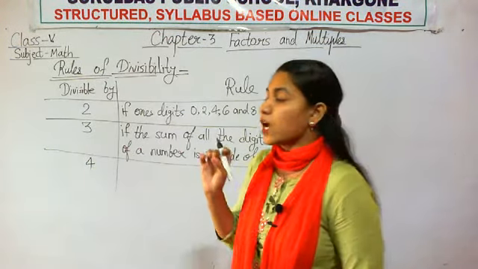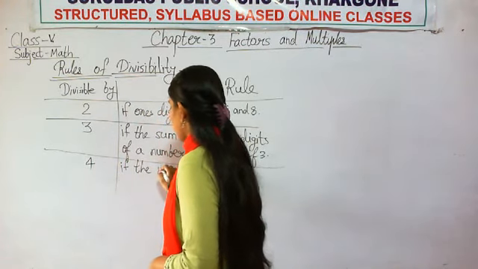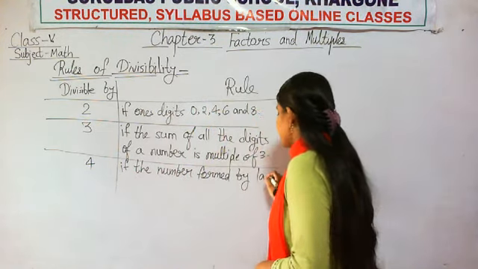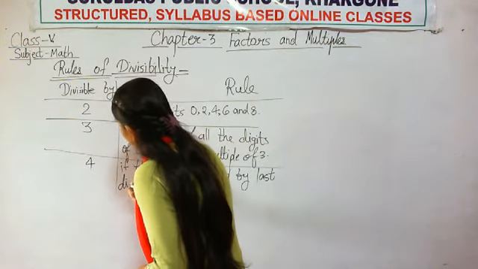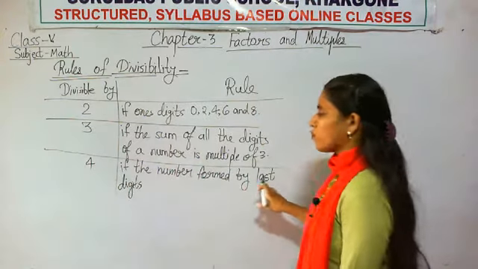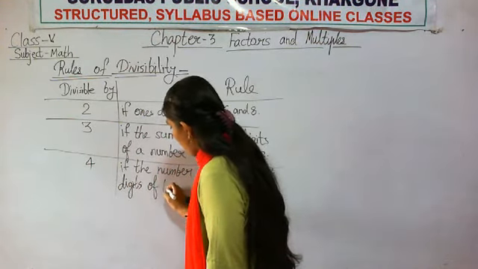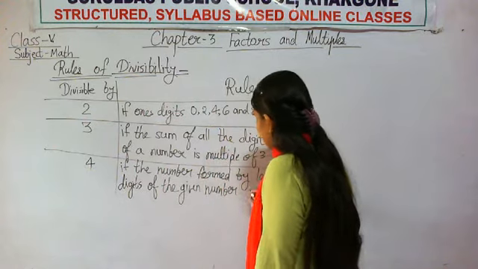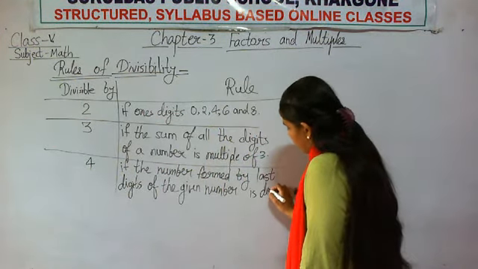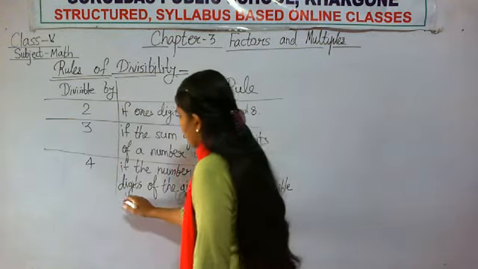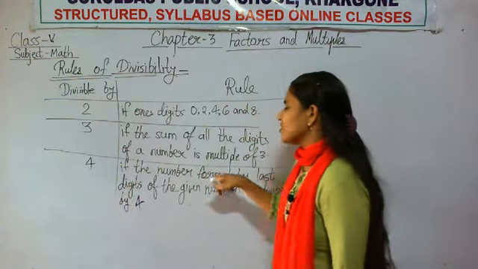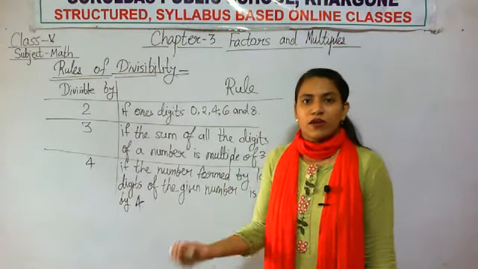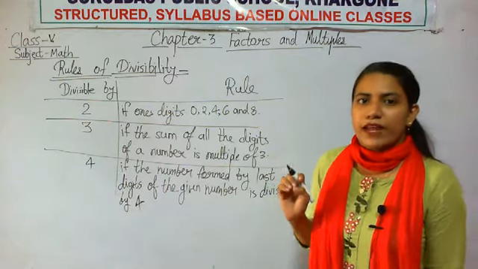If the number formed by the last two digits of the given number is divisible by 4, then you can say that yes ma'am, this number is divisible by 4.